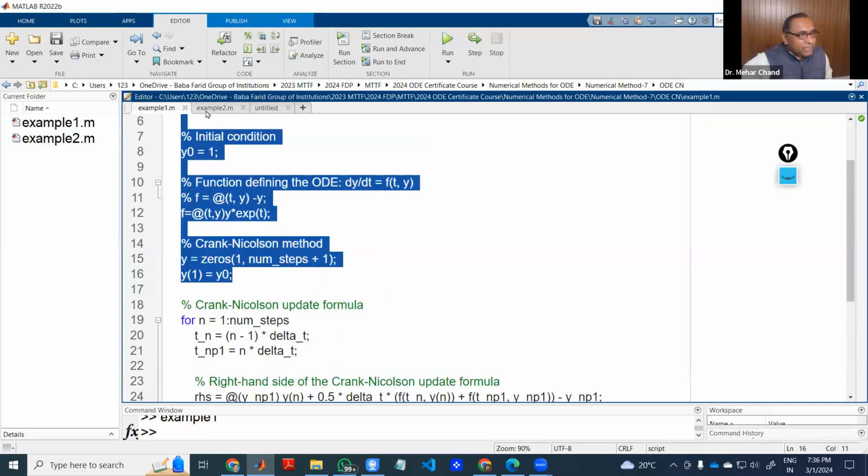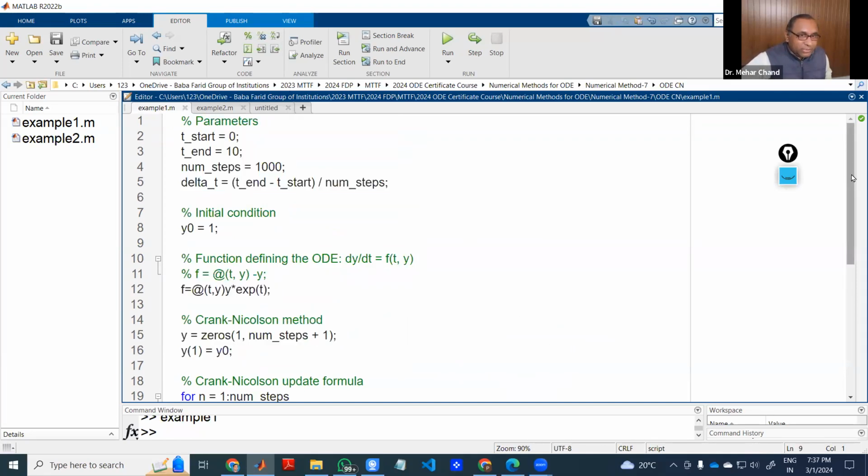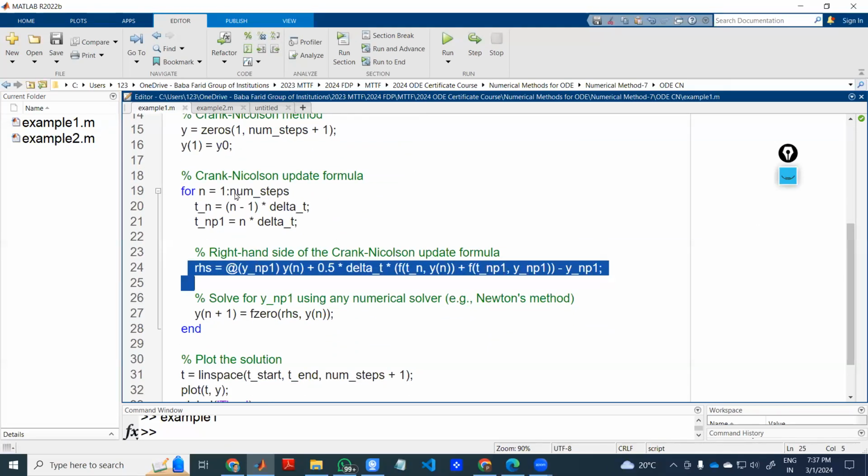The other parts, the initial value, first value of the interval, last value of the interval, step size h, delta, are all similar, nothing new. The only new part is the formula when we discuss the method.